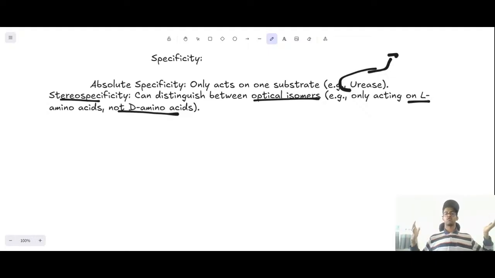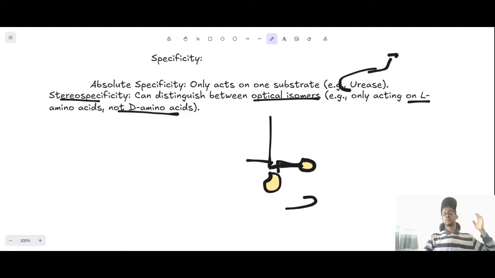If the OH is on the right side, it is called D amino acid, but if it is on the left side, it is called L amino acid. That is how L and D amino acids are distinguished.